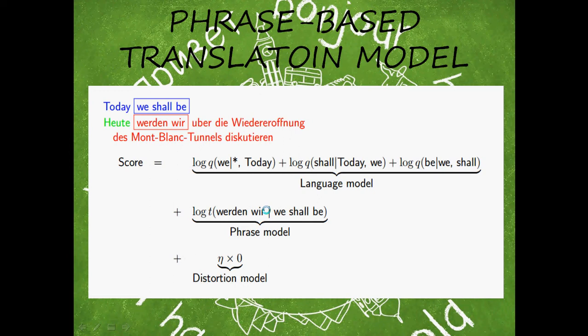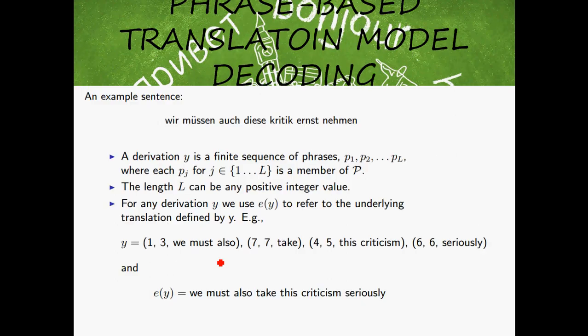But this is only part of the result. In fact, the score consists of the logarithm of t, the logarithm of q, and this notation of the distortion model. And this one is usually a negative number. We can get the best translation by the highest score.